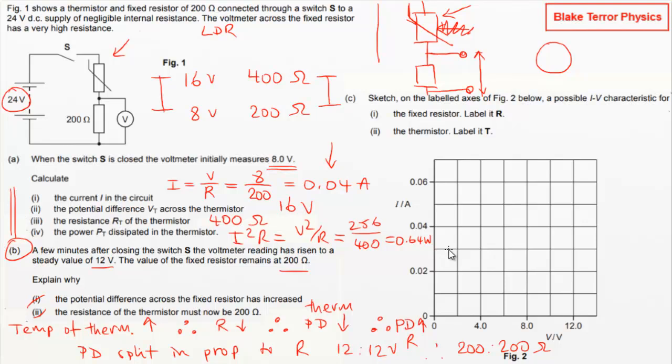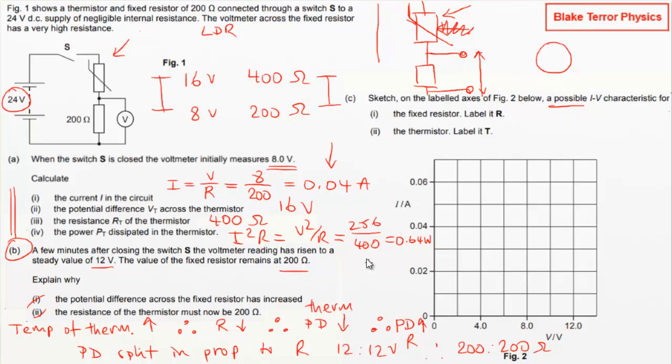Then the last part, we've got a bit of a sketch going on here. I've cluttered up the axes a bit by writing the previous answers. But I want us to sketch possible IV characteristics for the fixed resistor and the thermistor. Now, for the fixed resistor, it does say possible, but let's assume we've got an ohmic resistor here, which means a straight line going through the origin.